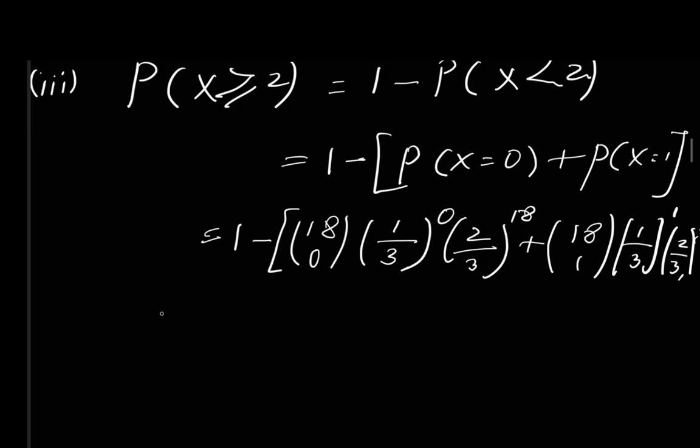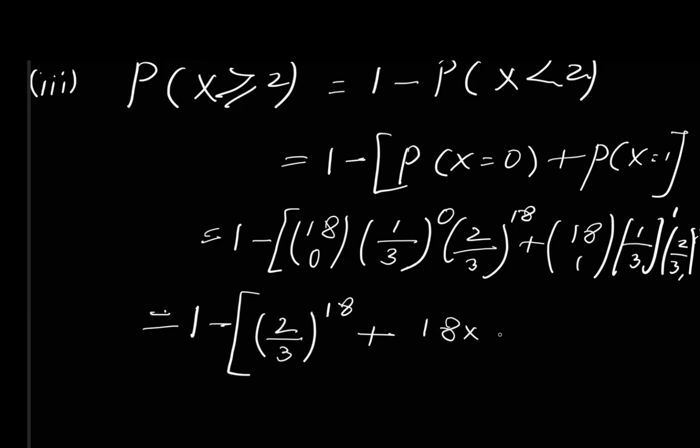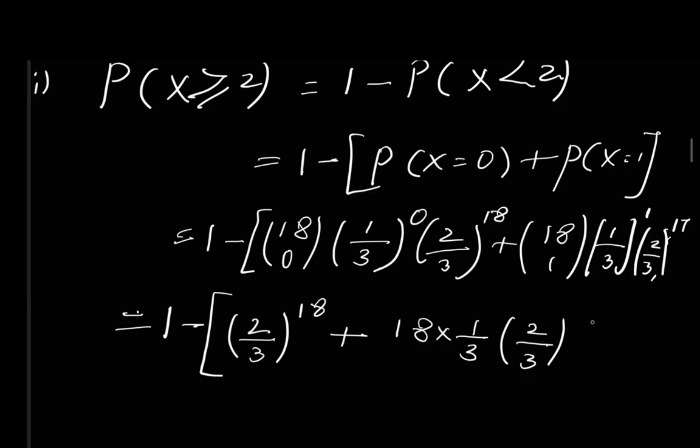So this is equal to 1 minus: 18C0 is 1, and anything power 0 is also 1, so you have 2 by 3 the whole power 18, plus 18C1 is 18 into 1 by 3 power 1, by 3, then 2 by 3 the whole power 17.